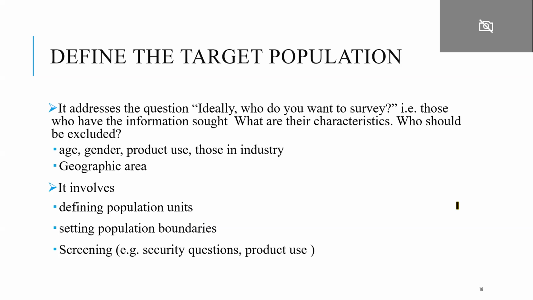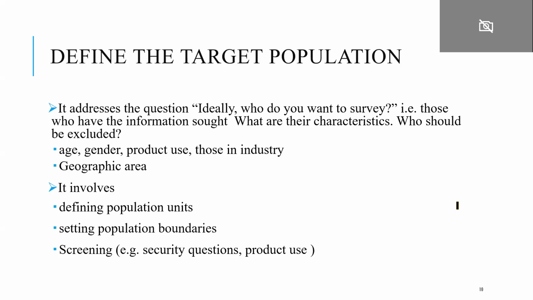I said in my objective that all men above 65 years, it means in my target population I will not consider the women above 65 years. I am only considering the old men who are above 65 years. So the target population is totally based on the objective of your research, meaning on which group of people you want to perform your study.